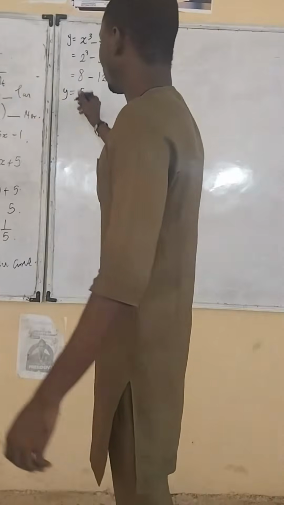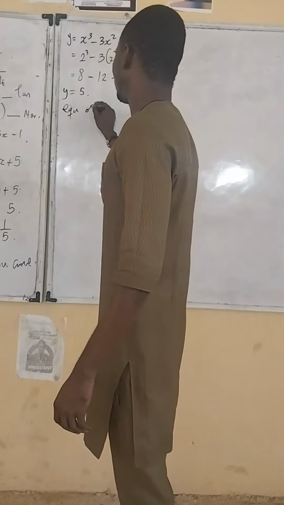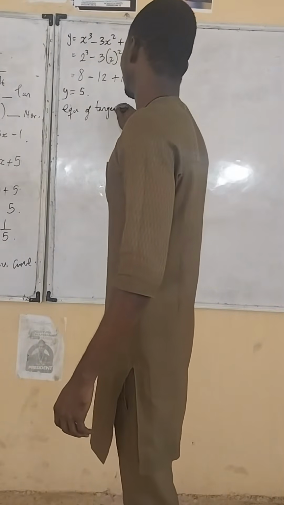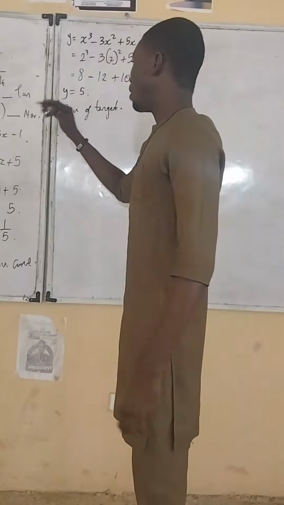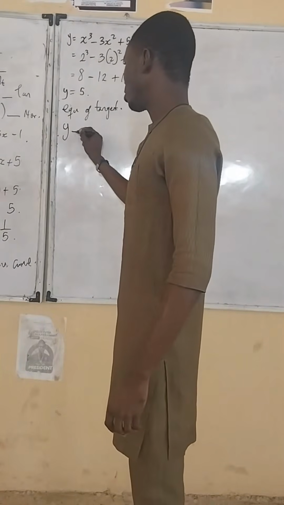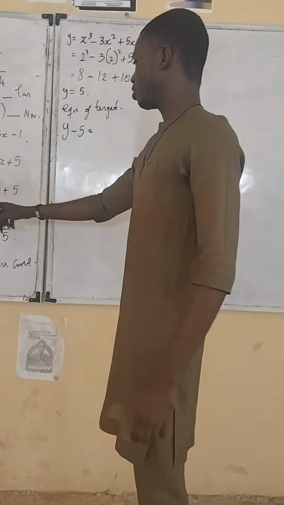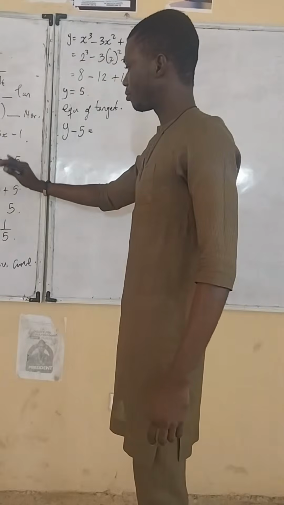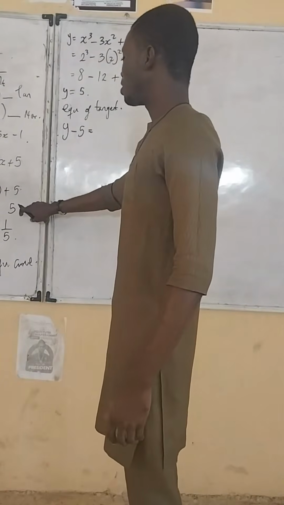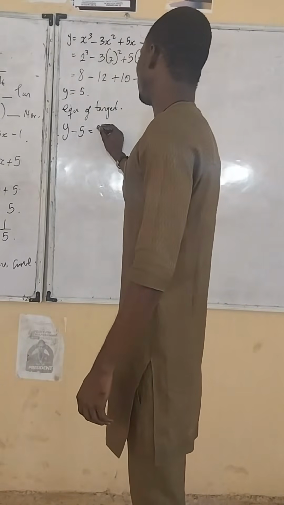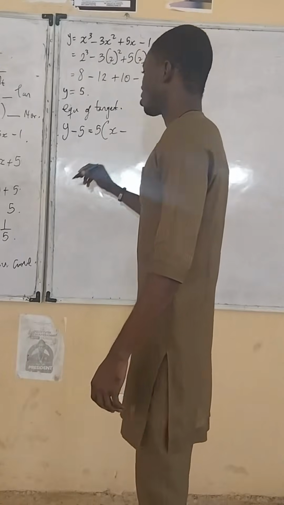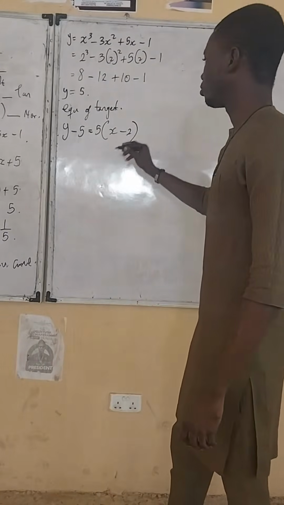So now the equation of the tangent. y minus y1, that's y minus 5, equals our mt, which is 5, into x minus our x1, which is 2.